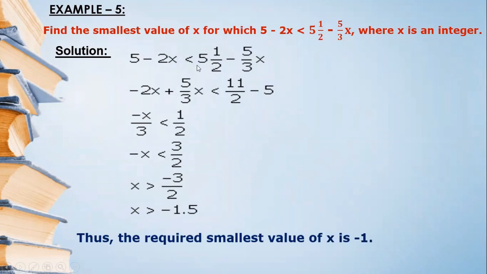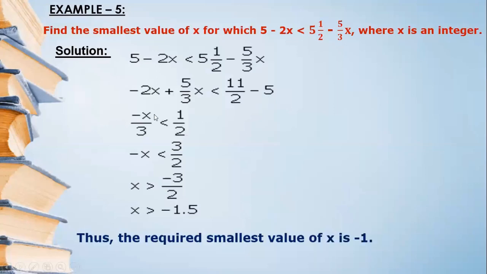So let us take the inequation 5 - 2x < 5 1/2 - 5x/3. -2x + 5/3 x, we have shifted this 5/3 x term towards the LHS, so its sign changed from negative to positive, less than 11/2 - 5. This -5 comes as we shift this positive 5 towards the RHS.